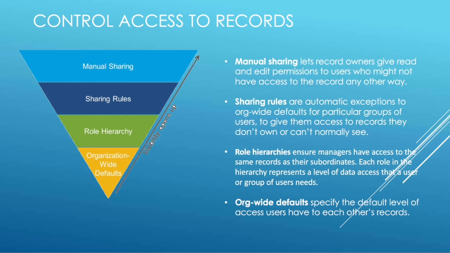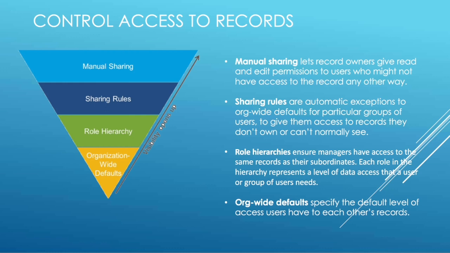Each role in the hierarchy represents a level of data access that a user or group of users needs. Sharing rules are automatic exceptions to organization-wide default for a particular group of users to give them access to records they don't own or can't normally see. So for a particular group of users, you can give access to records using sharing rules.